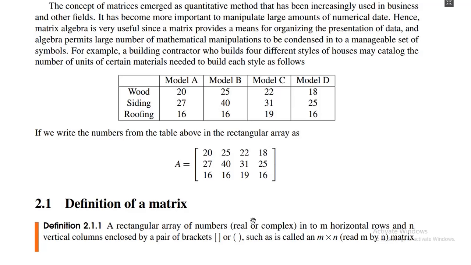Those numbers may be real numbers or complex numbers, arranged into m horizontal rows and n vertical columns, which is enclosed by a pair of brackets, either square brackets or round brackets. Such an array is called an m by n matrix, and we read it as m by n matrix. Note we cannot say this as m times n. It is m by n matrix.